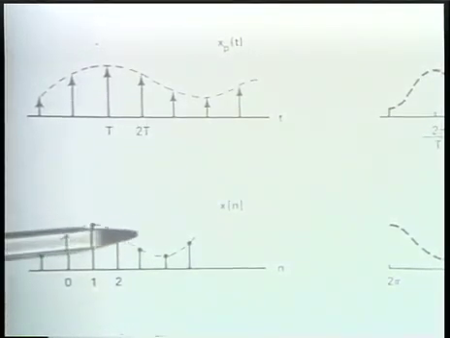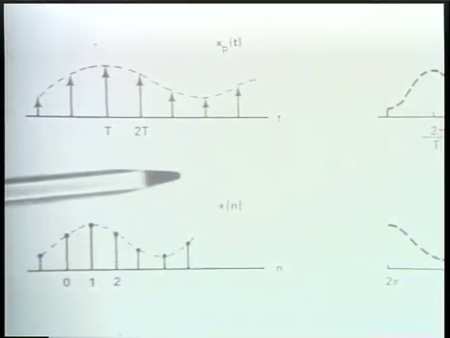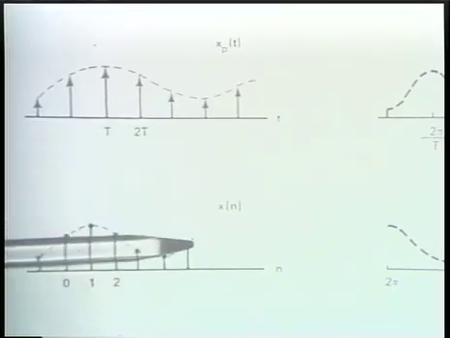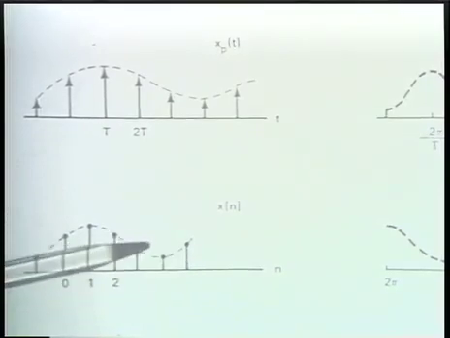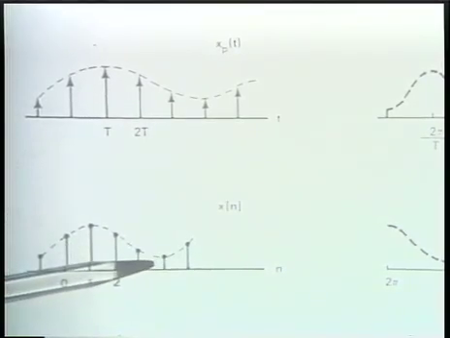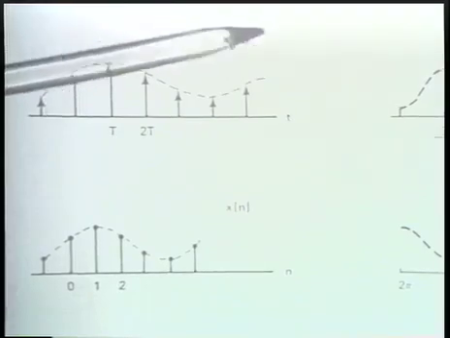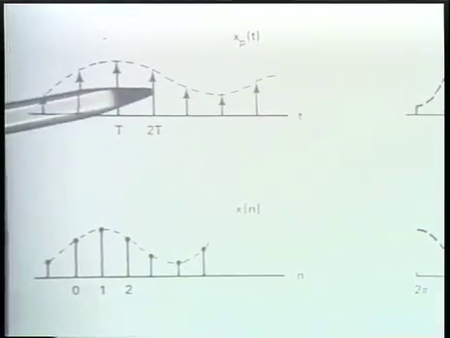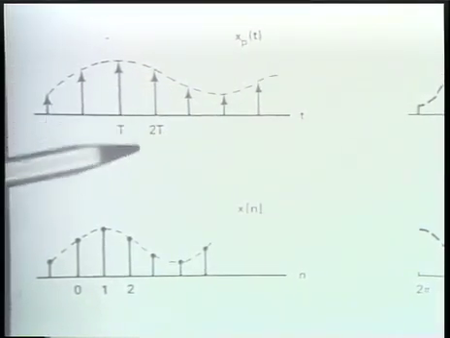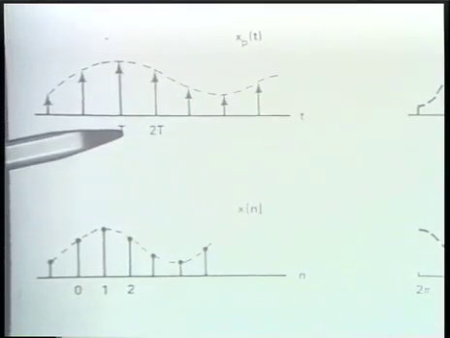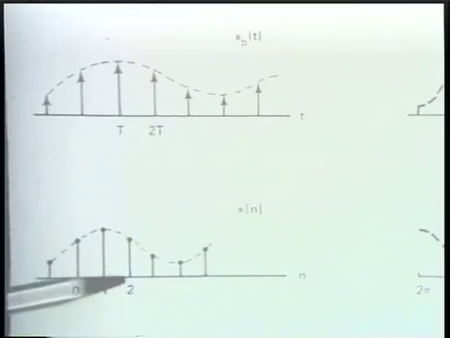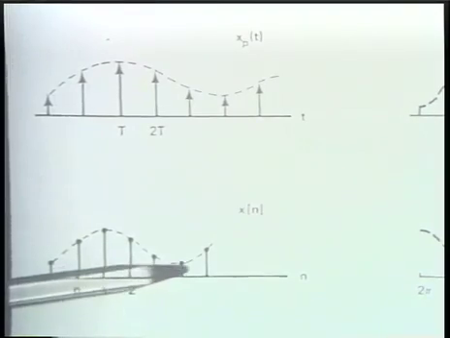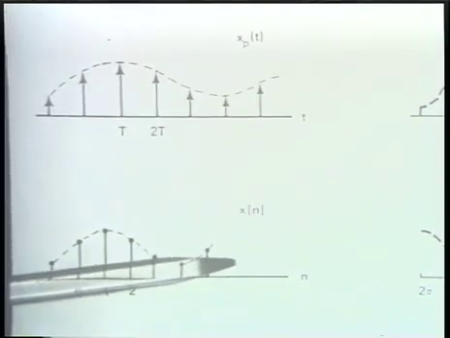And essentially, I'm now replacing the impulse by the designation of a sequence value. That's one step. But the other important step to focus on is that whereas in the impulse train, these impulses are spaced by integer multiples of the sampling period capital T, in the sequence, because of the way that we label sequences, these are always spaced by simply integer multiples of 1.